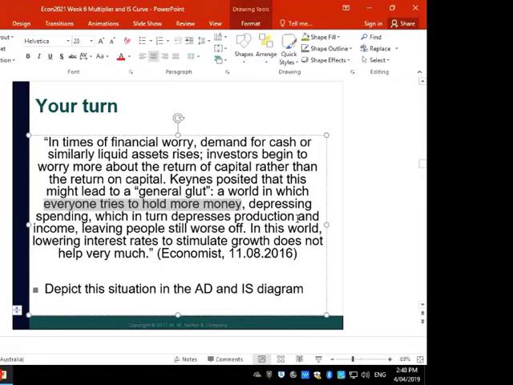How does that relate to our model? Let's say the government is increasing its expenditure, G goes up a little bit, but if everybody is trying to hold onto money, different word for holding onto money is? So consumer expenditures are decreasing, and to incentivize that, they decrease rates.